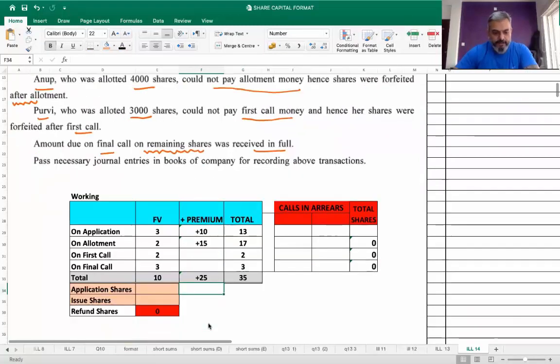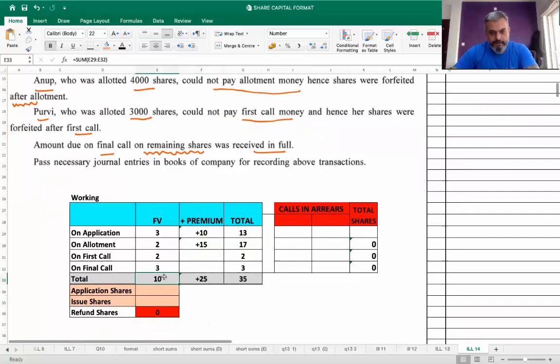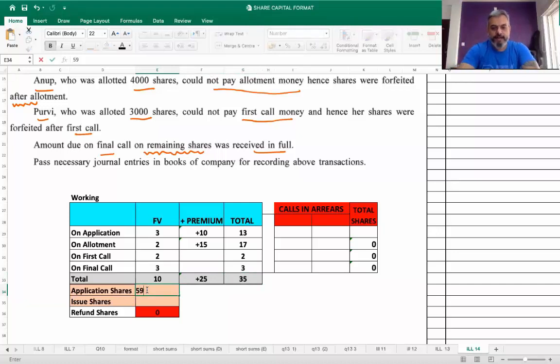So 35 is the total amount, 10 is the face value, 25 is the premium, and total 35. Application shares are 5,80,000. Issued shares are 5 lakh. So refund of 80,000.